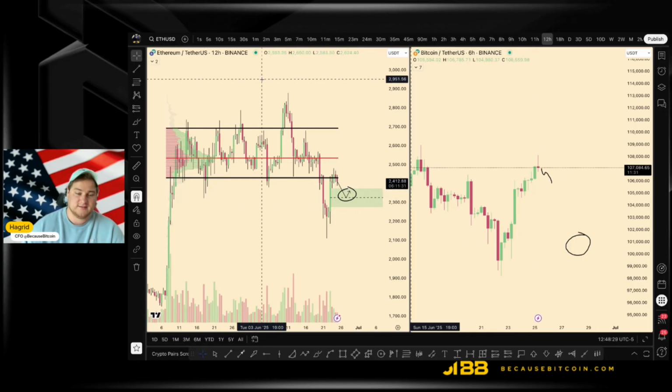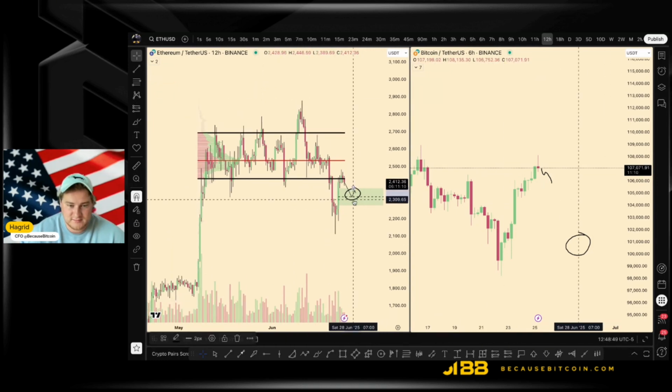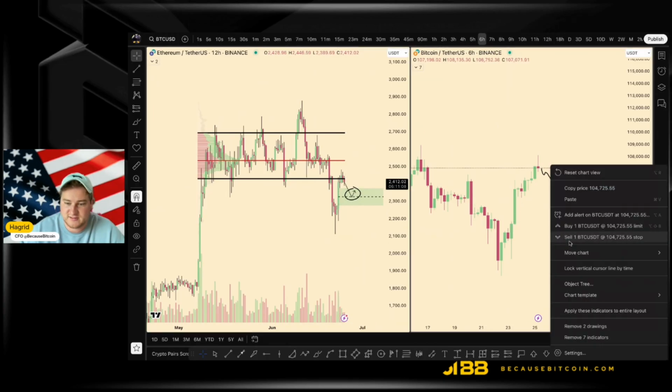So the kind of cross asset analysis, right? Like I have to consider what Bitcoin's going to do. I cannot just look at the ETH chart. Bitcoin loses 105, ETH comes into 2,300. It's not an instant, blind faith bid. I think I would need to see some reclaims on Bitcoin first.